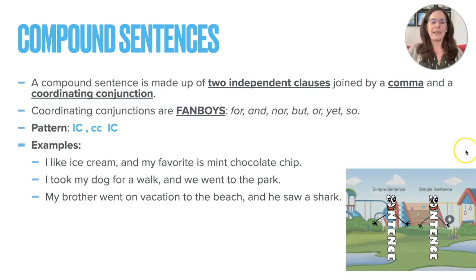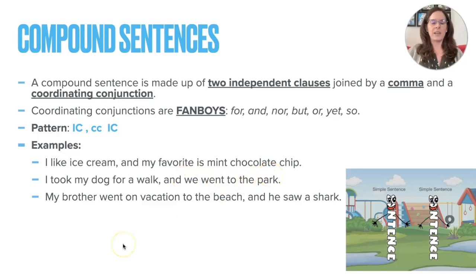Examples of these: I like ice cream, and my favorite is mint chocolate chip. You can see there is one independent clause, comma, coordinating conjunction, and another independent clause. I took my dog for a walk, and we went to the park. There's one independent clause, comma, coordinating conjunction, another independent clause.